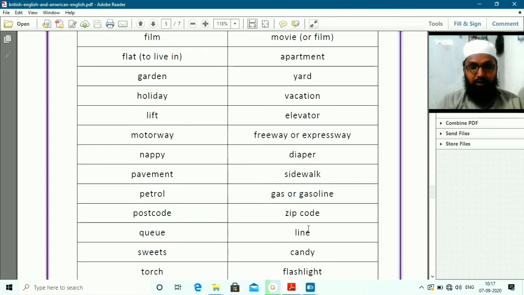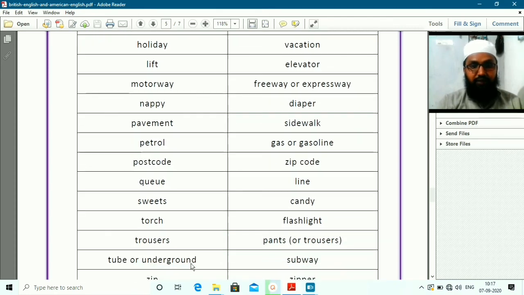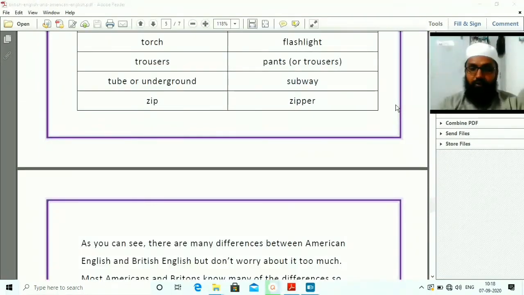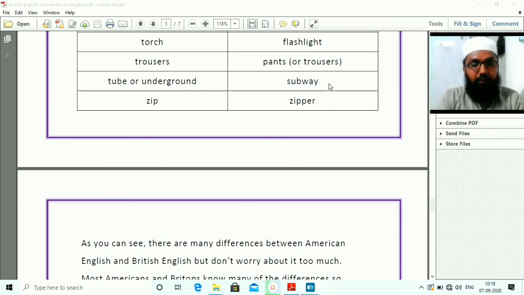Here queue, here line, then sweets, here candy, here torch, here flashlight, here trousers, pants, like that. In British English we used to say trousers. In American English it is pants. Sometimes they used to say trousers also. In British we used to say tube or underground. Here we have to say subway. Here zip, here zipper.